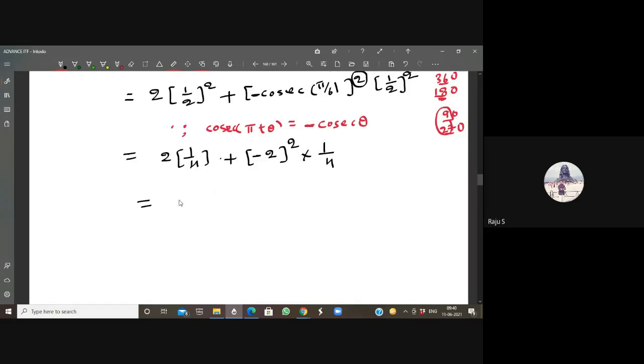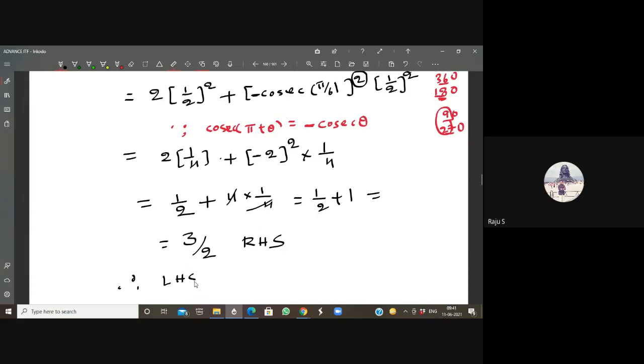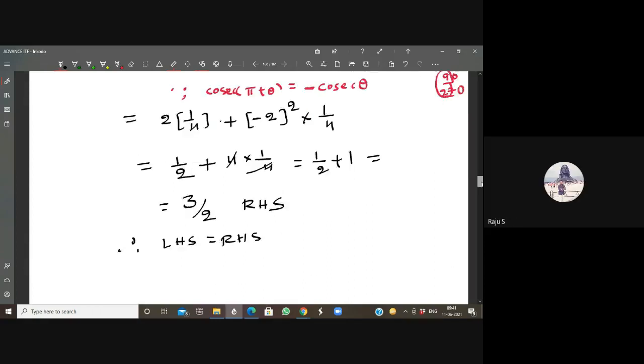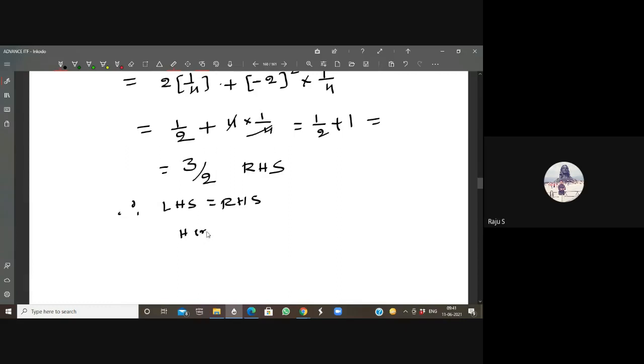This is clearly 1 by 2 plus 4 into 1 by 4, that is 1. 1 by 2 plus 1 becomes 3 by 2. This is the required RHS. Therefore LHS equals RHS. Hence proved.